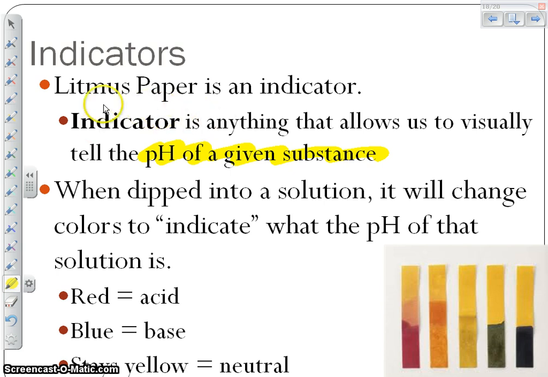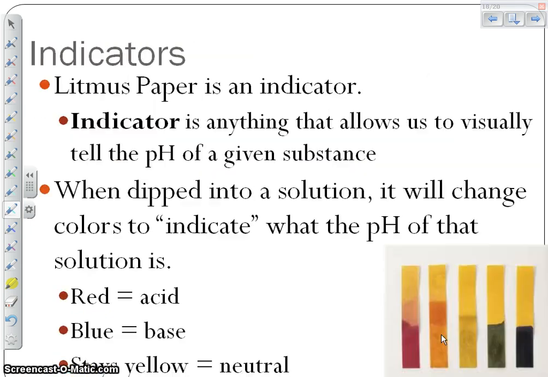So when we take litmus paper and dip it into a solution, it will change color to indicate what that pH is. If we have this yellow litmus paper, if it turns red, it is an acid. If it turns blue, it is a base. And if it stays yellow, it is neutral.